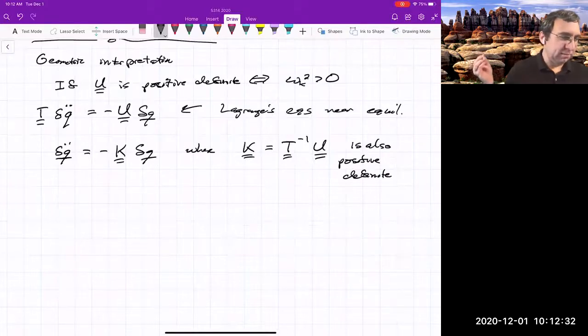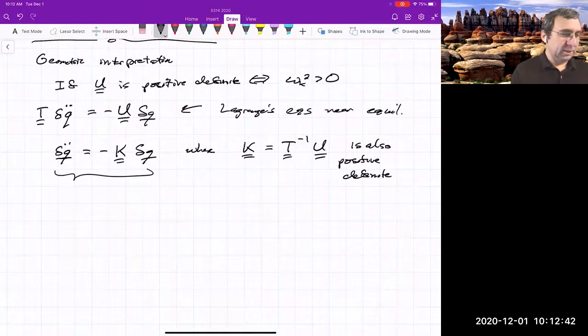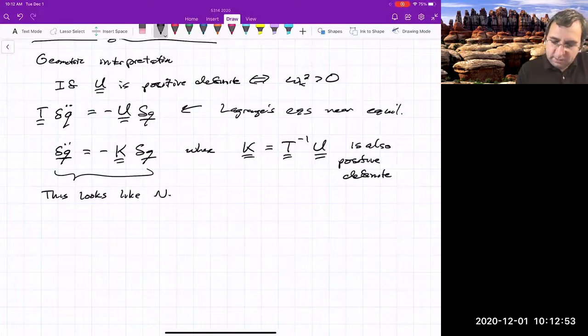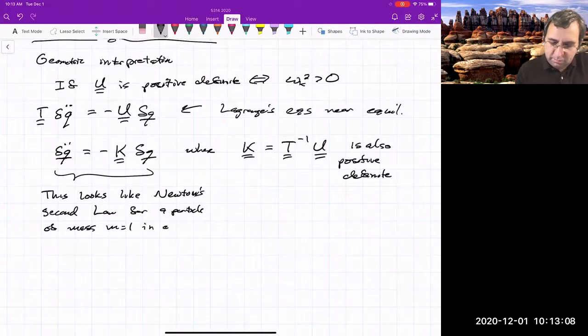And think of the two-dimensional situation. What you should be thinking of here is that this looks like Newton's second law for a particle of mass m equals 1 in a force field.